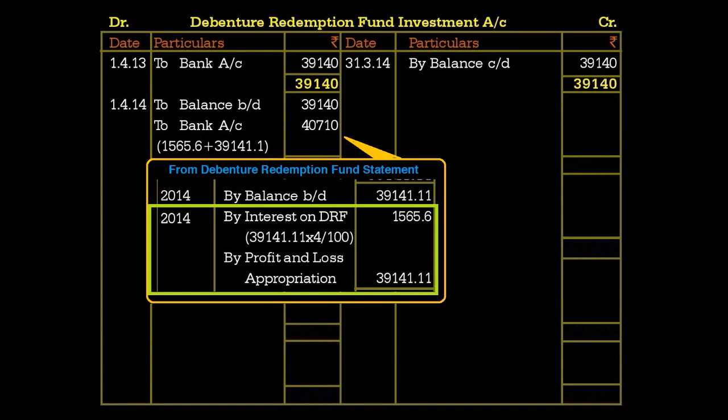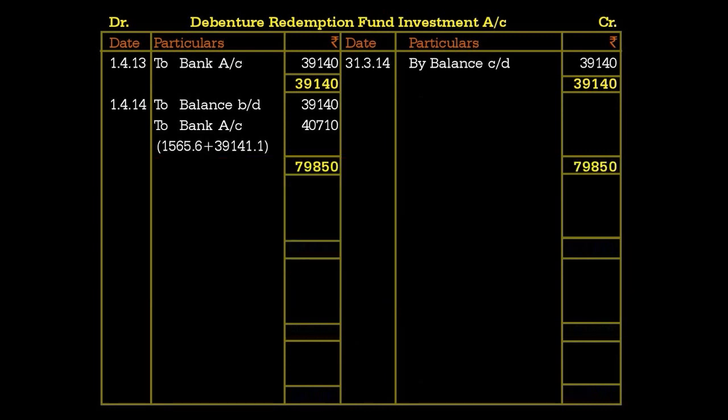Together it is 40,710, because once again we are going for multiples of 10, that means the last digit should be 0. So 40,710 we are investing at the end of the second year. The total will be 79,850. This amount will be carried forward to the third year, so credit side by balance carried down 79,850, and to balance brought down 79,850.